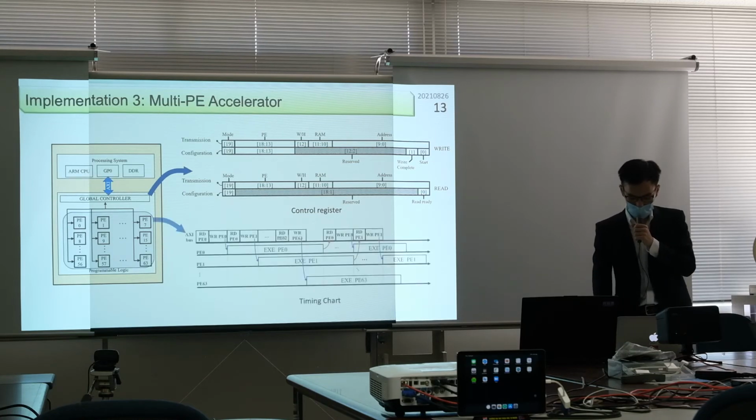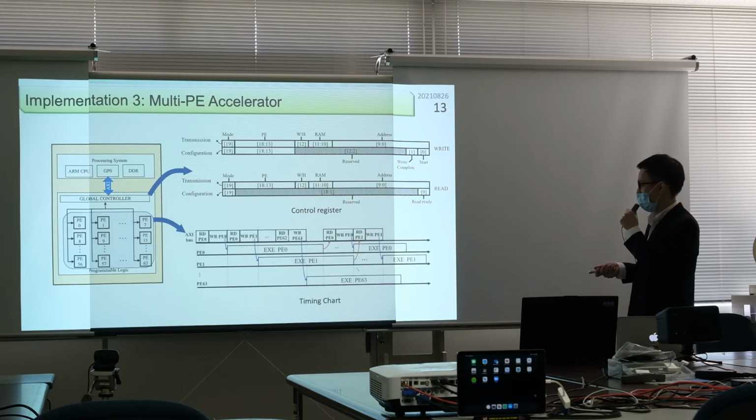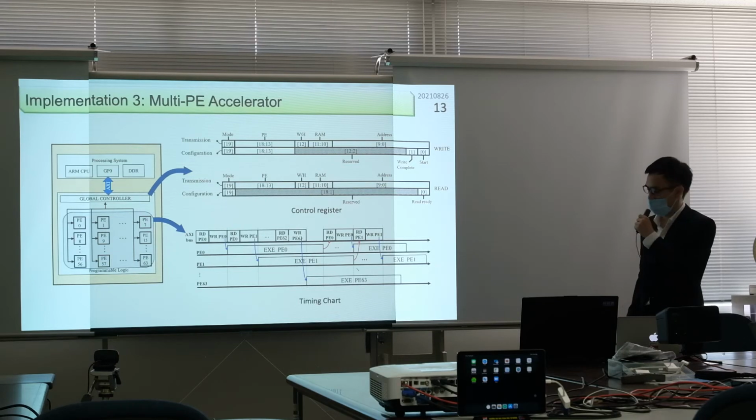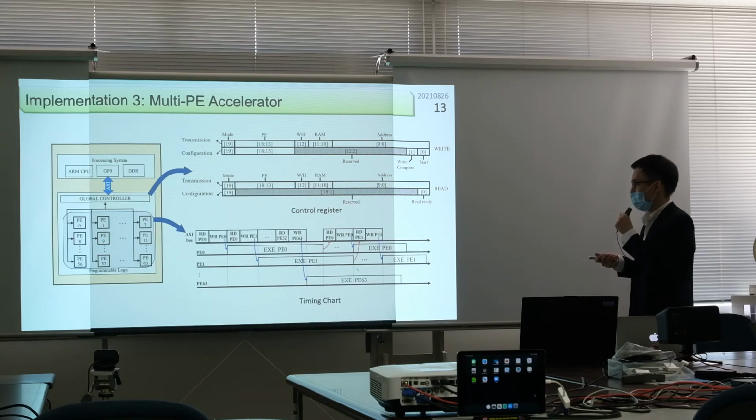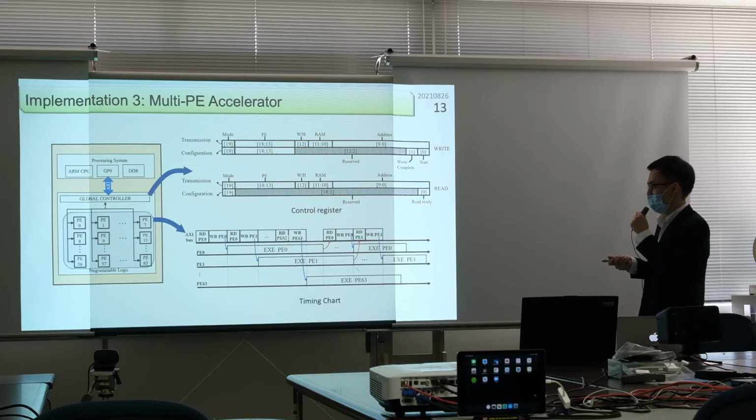And this is the timing chart. The timing chart shows the operation of every PE. Our accelerator starts with PE 0, and when PE 0 changes to the execution mode, PE 1 starts to receive the input data from the outside bus, and so on.